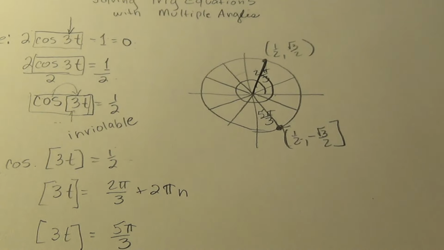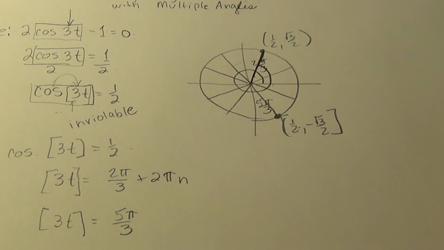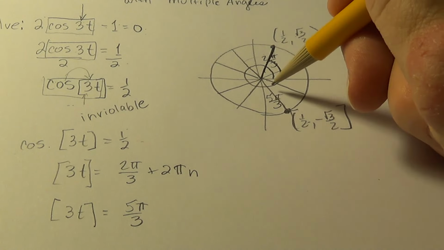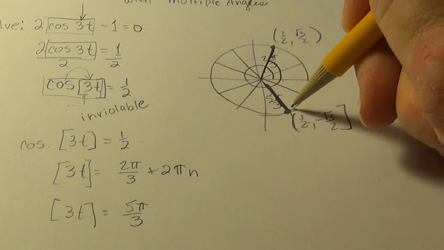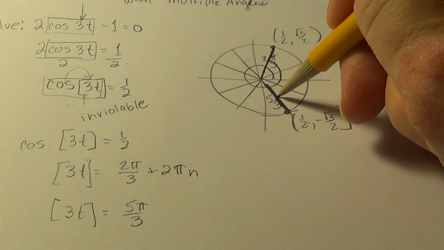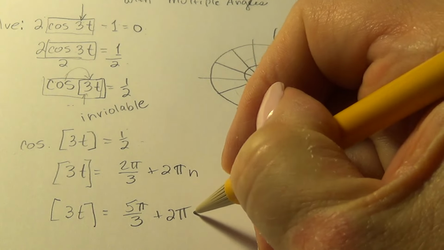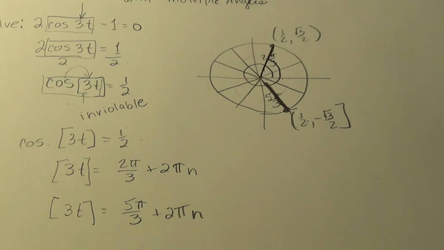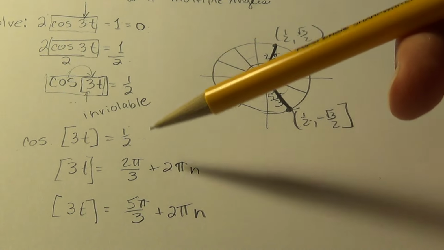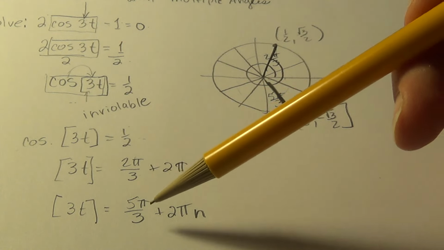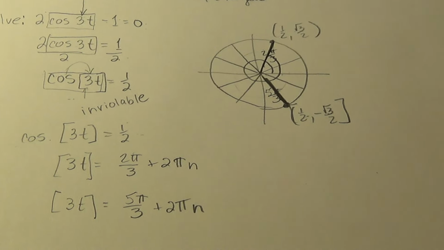So we indicate that with the n standing for any integer. And then the same thing for 5 pi over 3. Why stop there when we can go around and around? So we have an infinite number of answers stemming from 2 pi over 3 and 5 pi over 3.